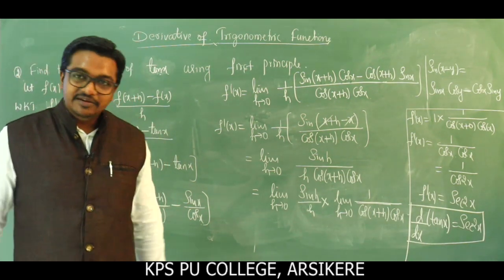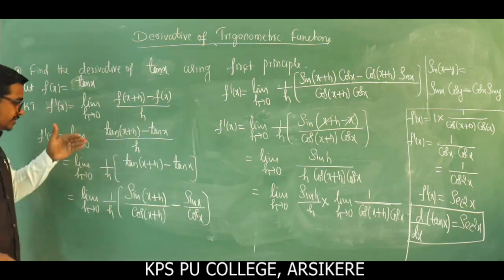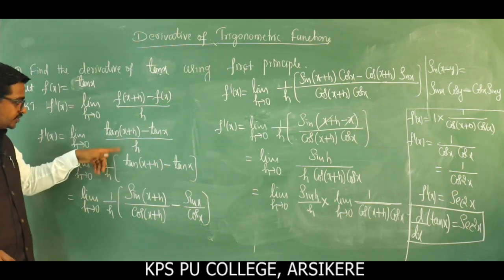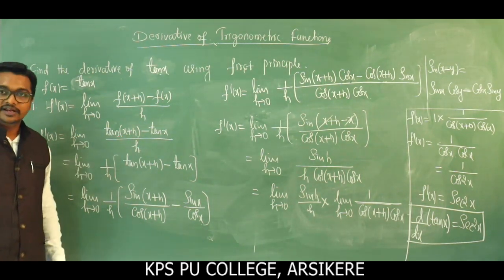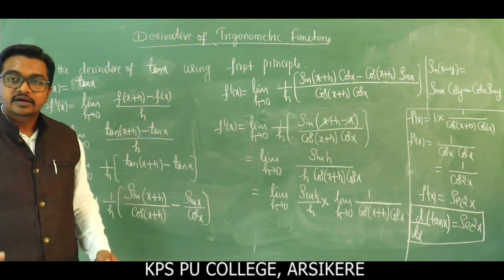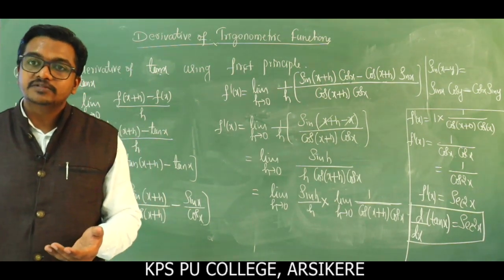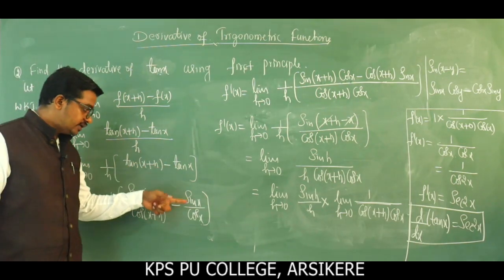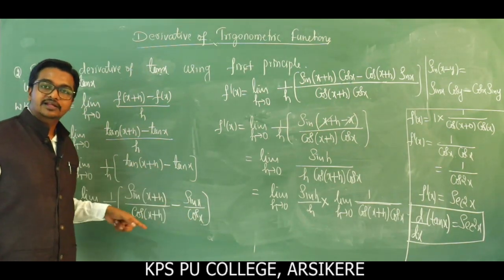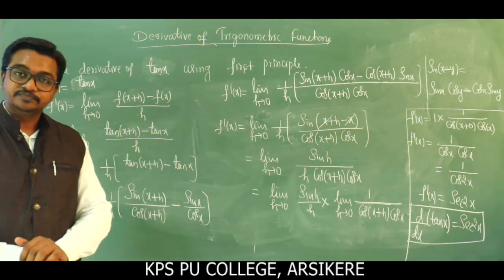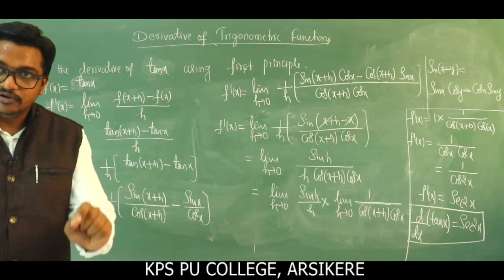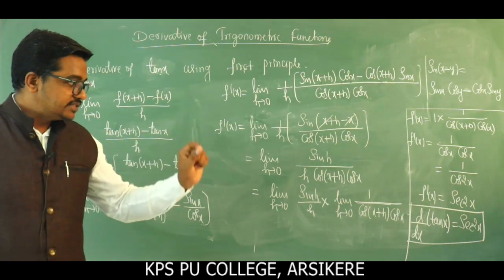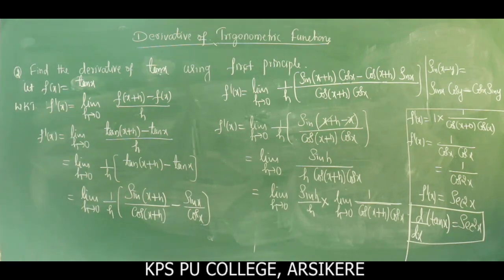We are doing nothing special here. Just replace this as 1 by h into tan of x plus h minus tan x. Take the quotient for tan: tan of x plus h becomes sin of x plus h divided by cos of x plus h, and similarly tan x becomes sin x by cos x. Then take the LCM, then simplification. Derivative of tan x is sec square of x. Take your pause and note down all the things I have written here.